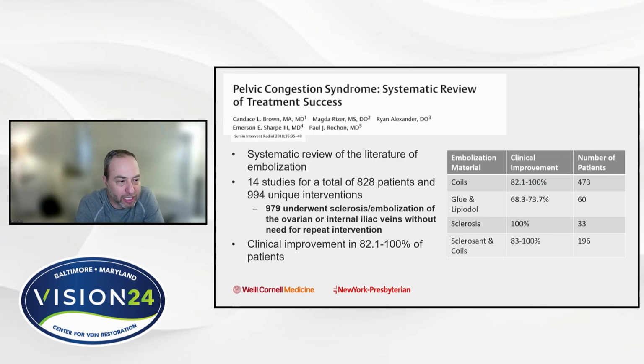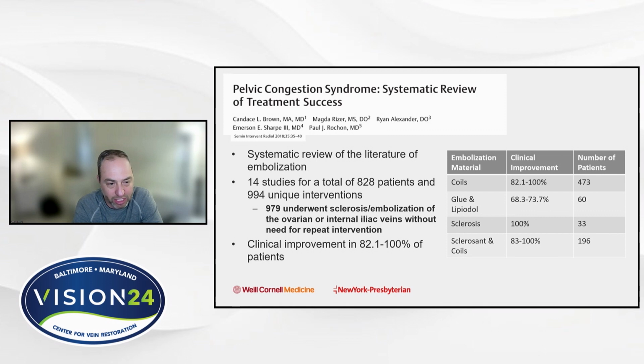So I think all of this was combined, and I'm going to show 4 studies that have done some really good combined systematic reviews. So here's the first one by Brown that was done in 2018, systematic review, 14 studies, 828 patients, 994 unique individuals, and you can see clinical improvement, 82 to 100% of patients. And what's interesting to me is what the data set shows.